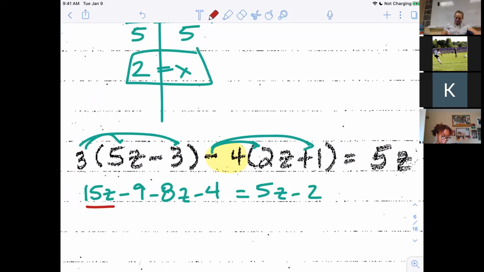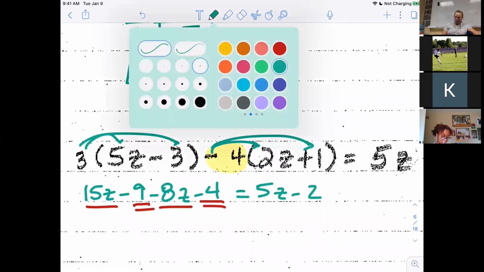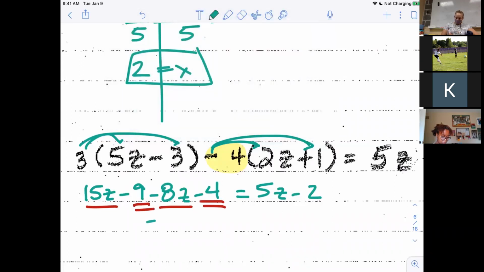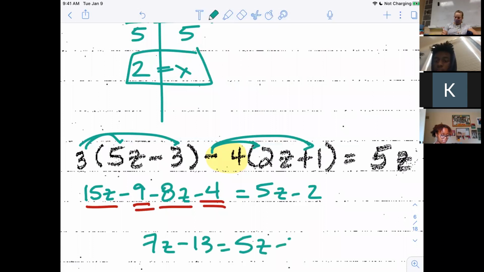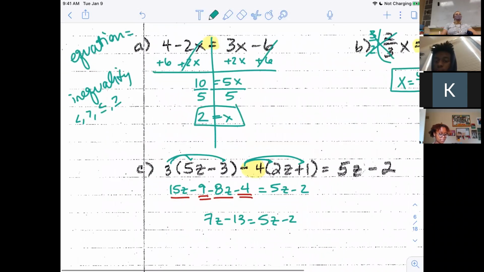Combine. Those go together. I'm not going to go across. I'm just going to do it on one side. 15 minus 8z is 7z. -9 plus -4 is -13. Move to the other side.